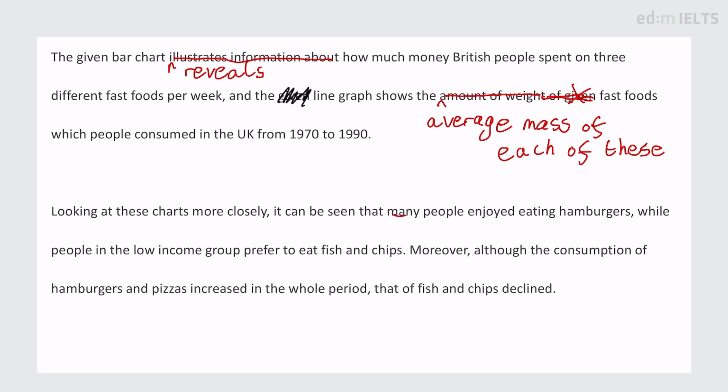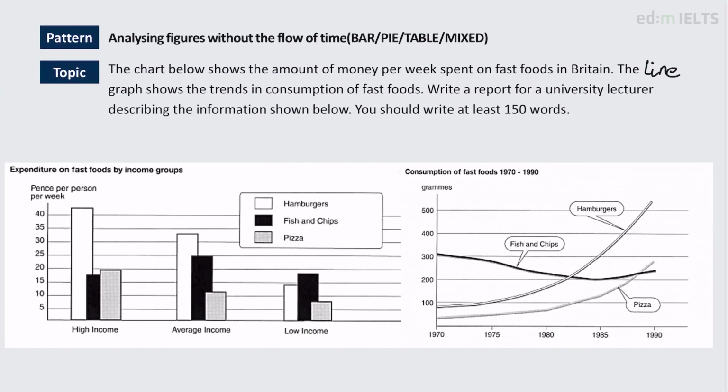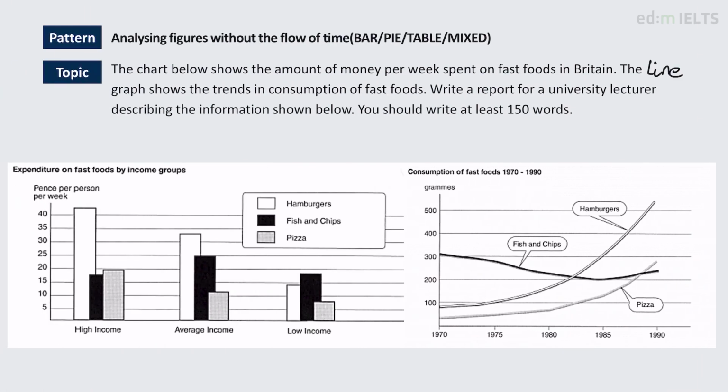Okay, so to begin with, many people is too general. And I don't like enjoys eating hamburgers. Everyone enjoys eating hamburgers, but everyone enjoys eating most of these things, I think. Unless they're vegetarian or vegan. So not many people, middle and high earners. That's who we're talking about.